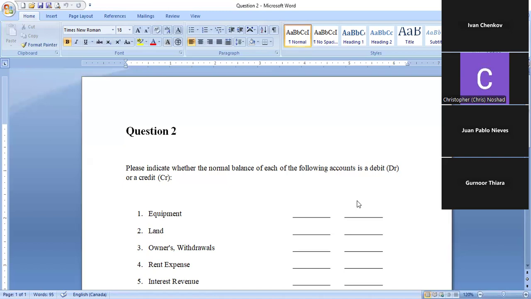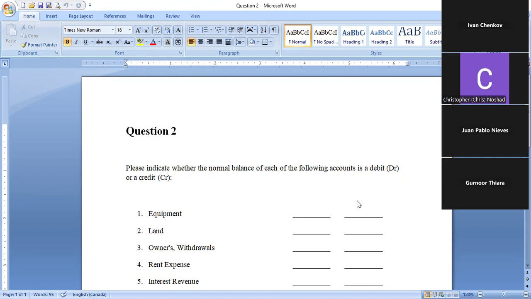Revenue, always credit, no questions about it. Don't mix them. Expenses, debit. Revenue, credit. Revenue, money, increases the owner's capital, good for the owners, credit. Expenses, bad for the owners, reduce the owner's capital, debit.